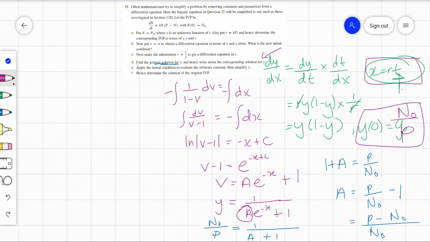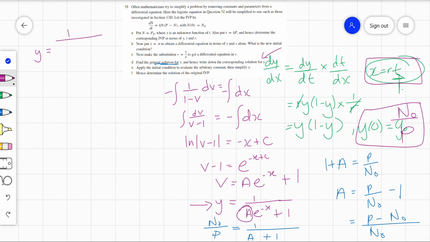So if that's my a, let's go back to the original, where's my y, which of course I've lost. But hopefully you wrote it down from before. So my y is equal to, oh here it is, it's right here. 1 on, so I'm kind of working backwards now.